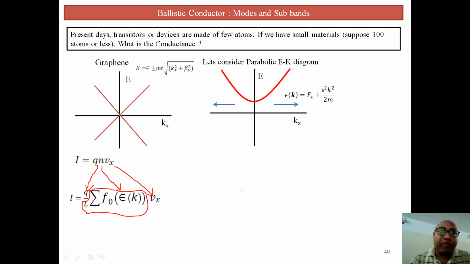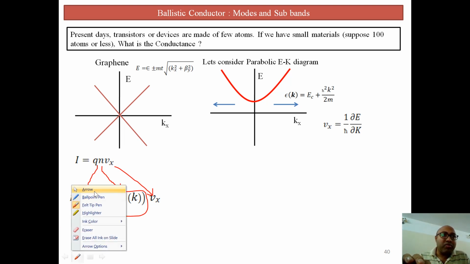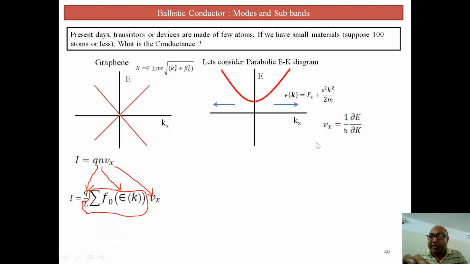So I is equal to q n Vx. Fantastic. Now look at that. This is the very common expression. What is Vx? We know that, because we studied it in first semester. Group velocity is 1 by h-bar times dE/dk. That is, group velocity is proportional to the slope of the E-k diagram curve.